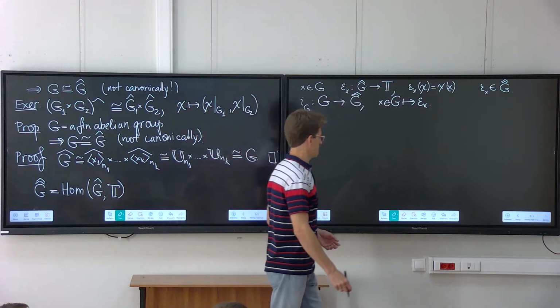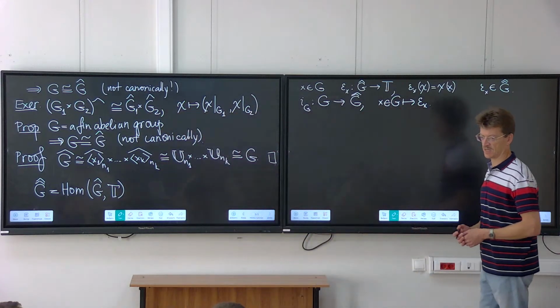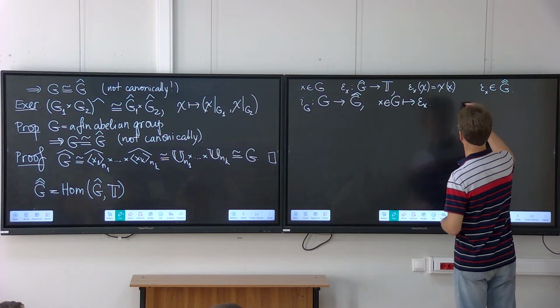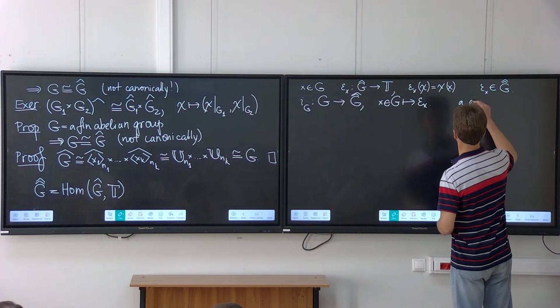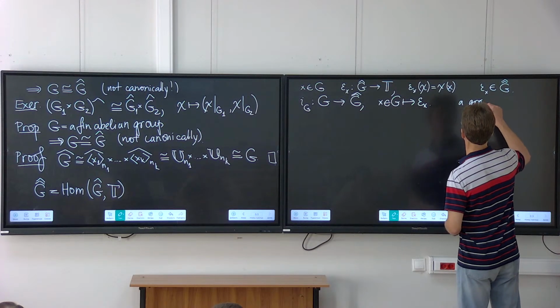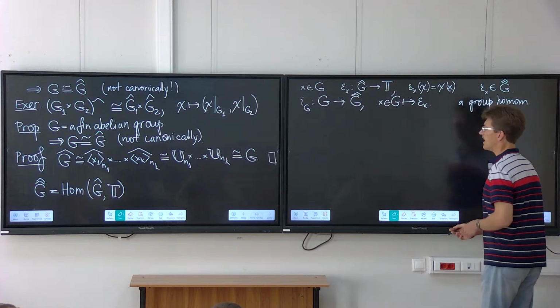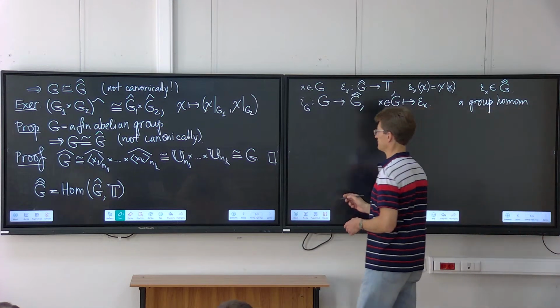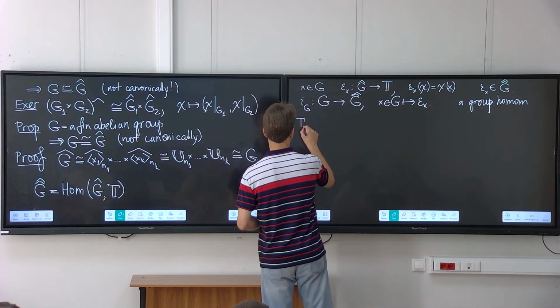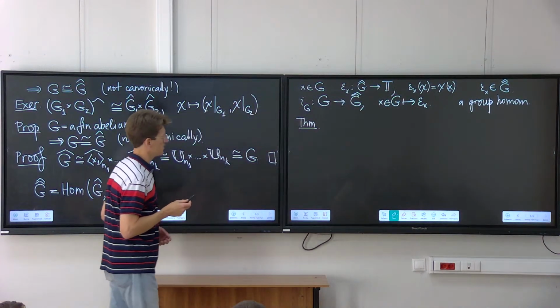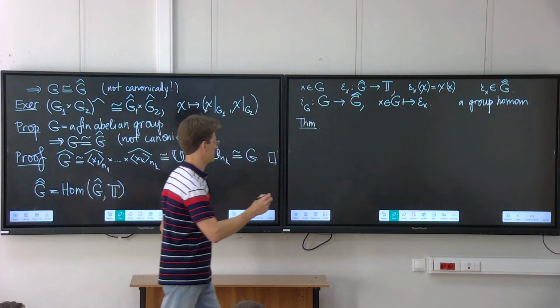Again, it's immediate from the definition of this map that it's a group homomorphism. I claim that this is an isomorphism. And this result is a toy illustration of the Pontryagin duality.